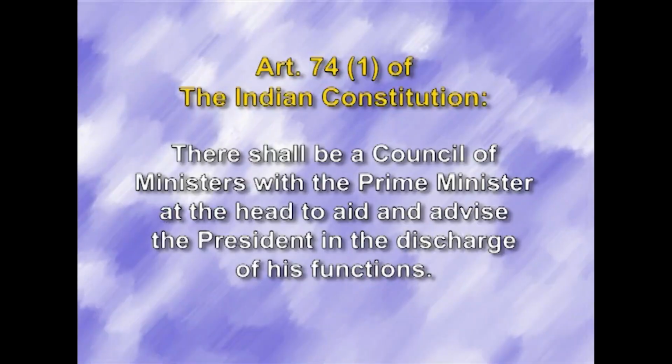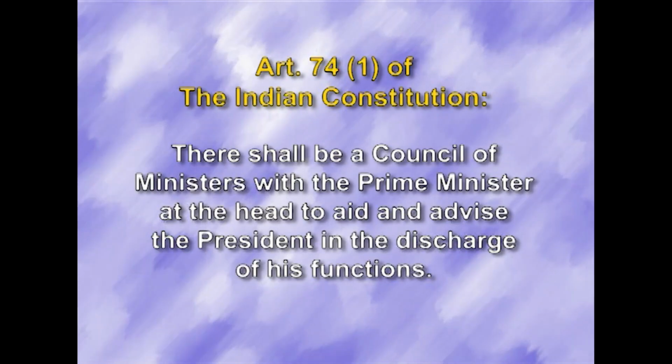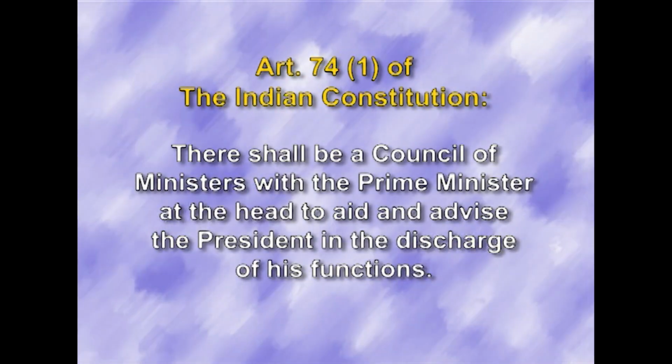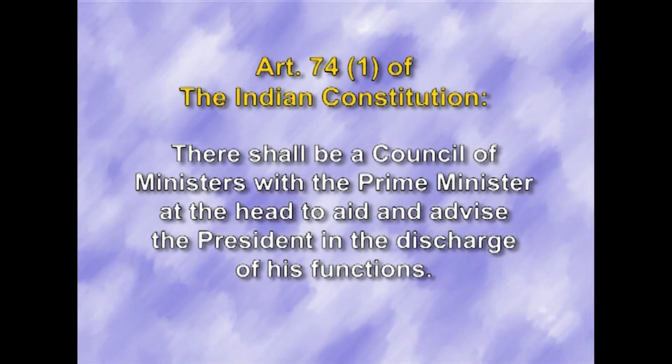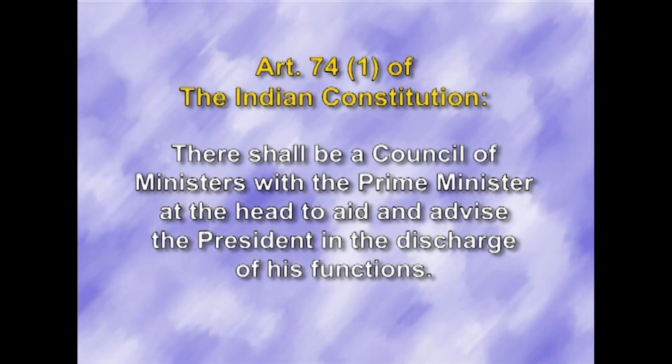Why? Because it is laid down in Article 74, Clause 1, that there shall be a Council of Ministers with the Prime Minister at the head to aid and advise the President in the discharge of his functions.